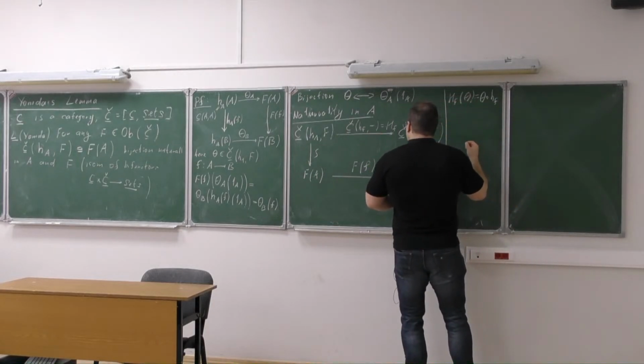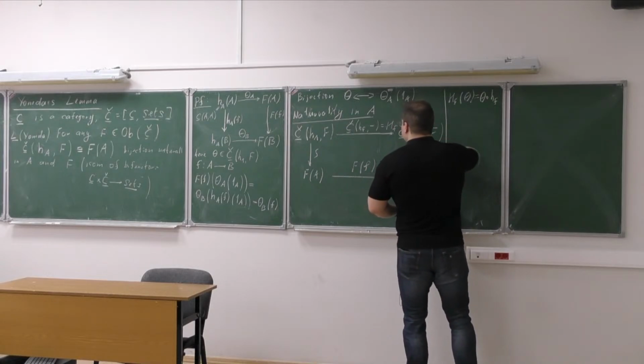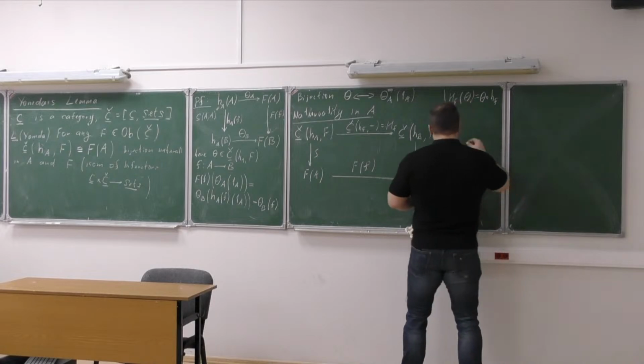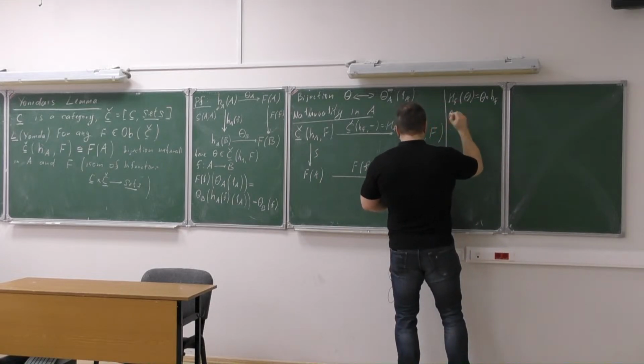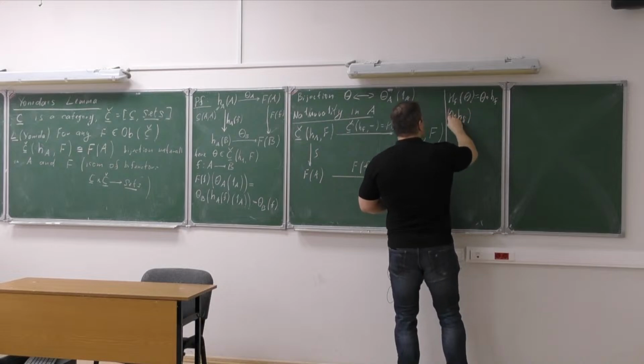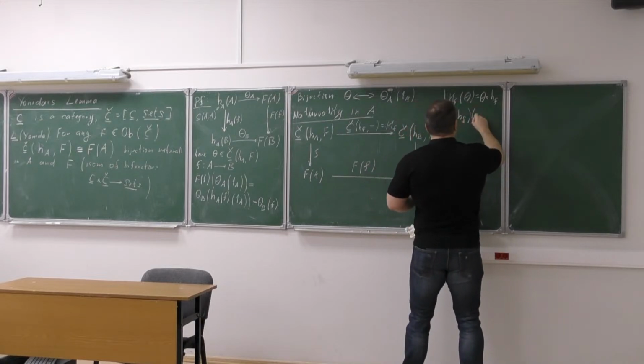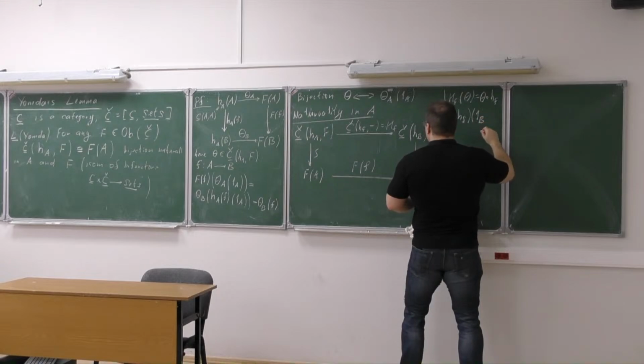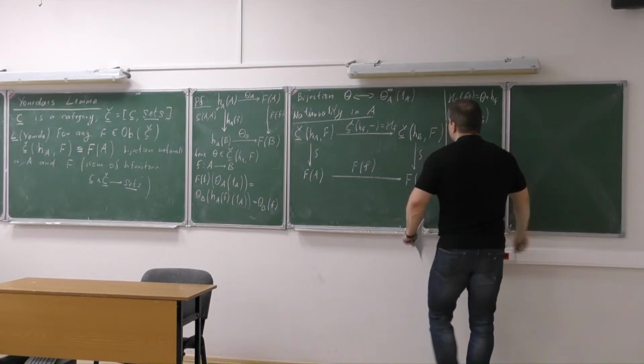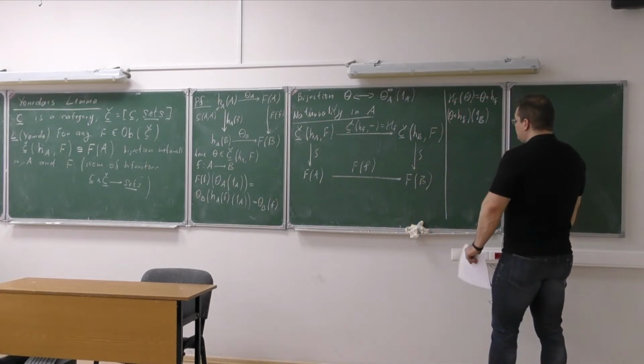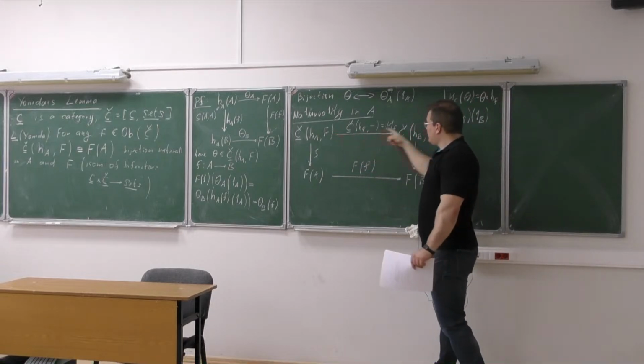Okay, now let's look at the condition that this square is commutative in terms of formulas. So I'm trying to write the formula. Take the composition of these two natural transformations and apply this to the identity on B. So I'm going in this direction first.